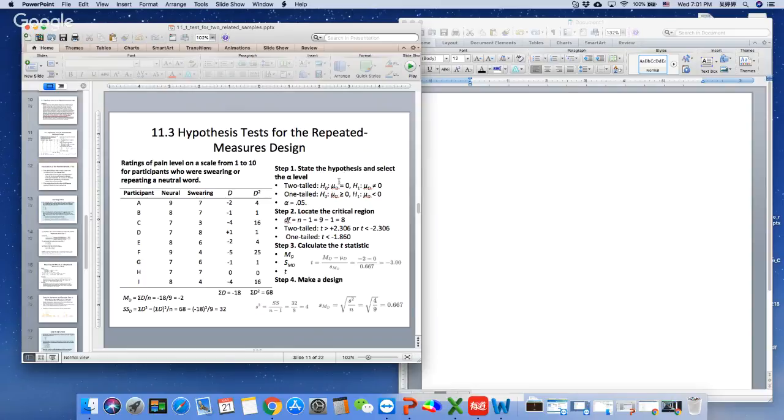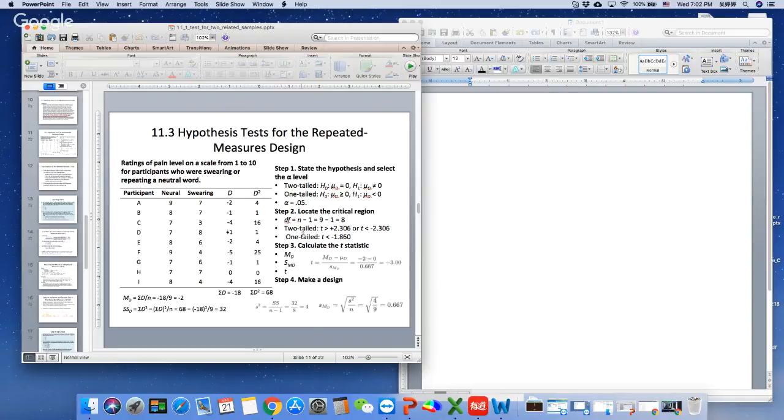The first step is to state the hypothesis. This is the hypothesis for the 2-tailed and 1-tailed test respectively. Then we locate the critical region based on the degrees of freedom, the alpha value, and the type of test, 1-tailed or 2-tailed.